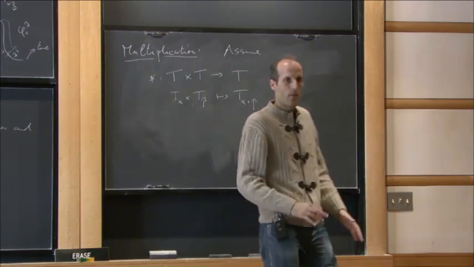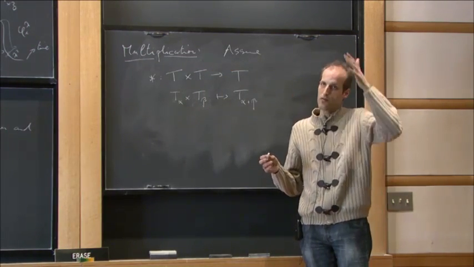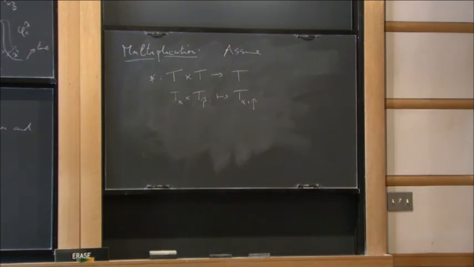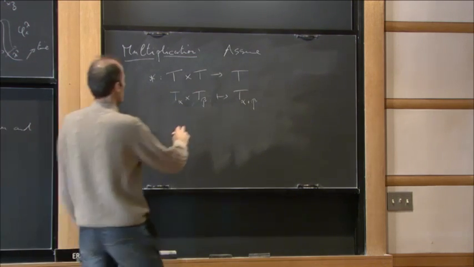And then there's a second property that is very reasonable to assume, which is that if you take two expansions around the same point, and you multiply them together, and then you re-expand around a different point, which should really be just exactly the same distribution described in a different way, then you should get the same thing as if you re-expand both of them around the other point and then multiply them. Okay, so that's a very reasonable thing to assume.